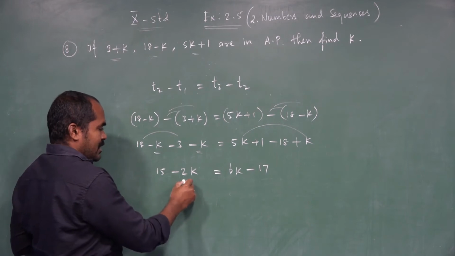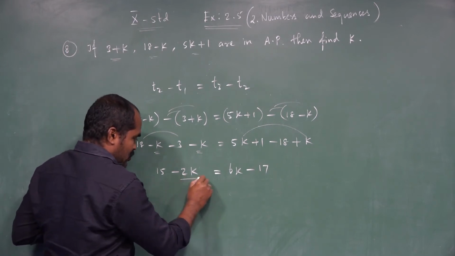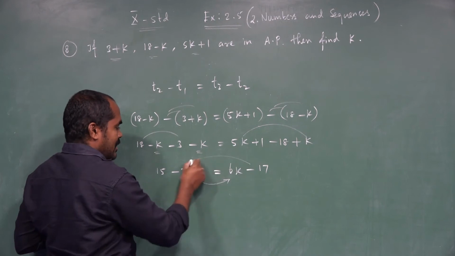Collect like terms on one side. Minus 2k goes to the right side and minus 17 goes to the left side as plus 17.